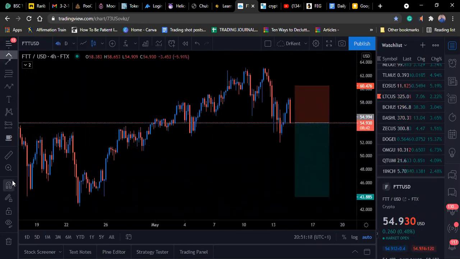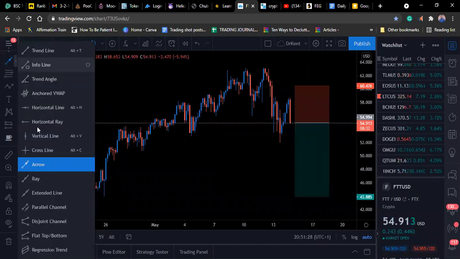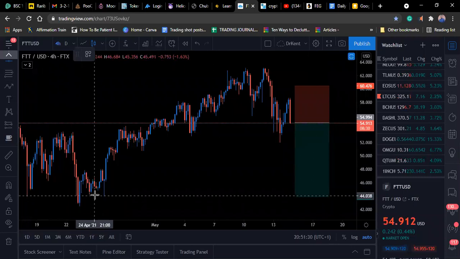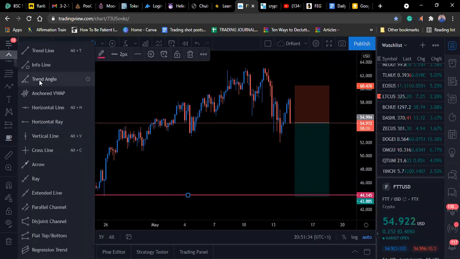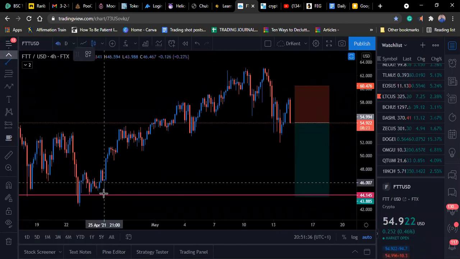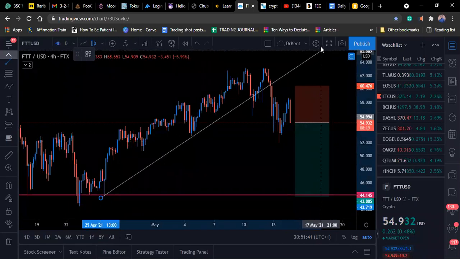Now the next thing is all these other ones are not really well used. The thing you really focus on is the line, which is here: horizontal line, trend line. If you know how to use trend line, you draw your trend line.